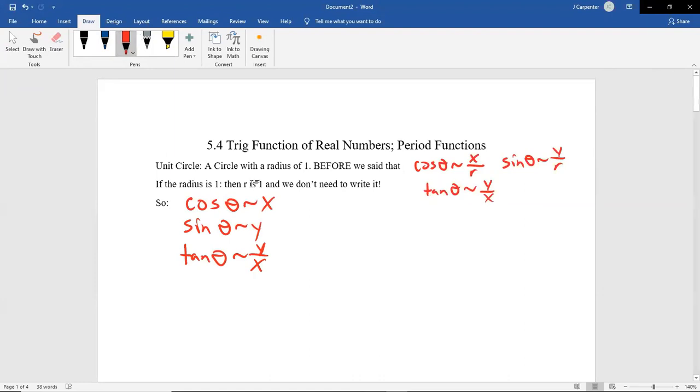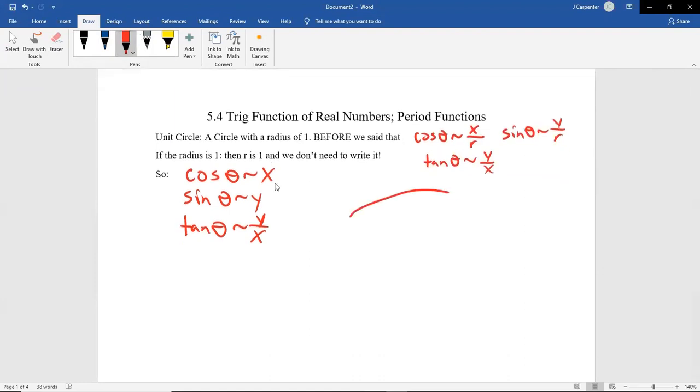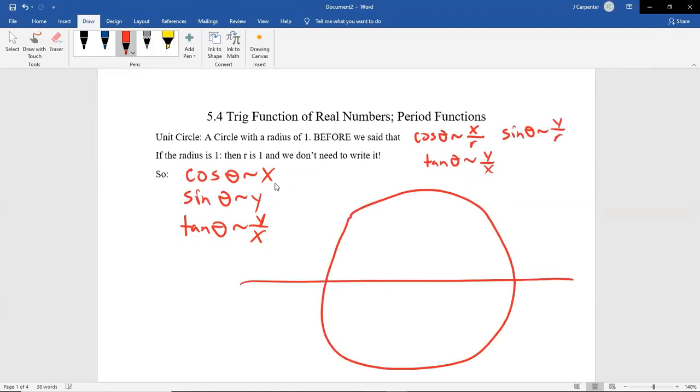So I'm going to draw this up. The best circle I can do. There we go. And this would go through our quadrants. I wanted to draw them around that. So x, y, standard point system. So let's say I have this point right here.